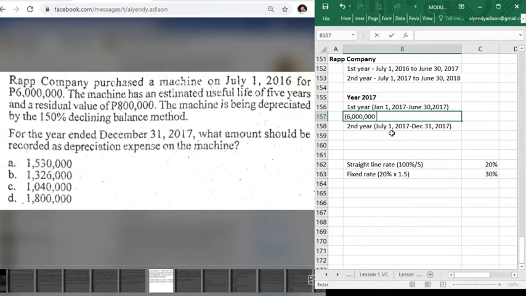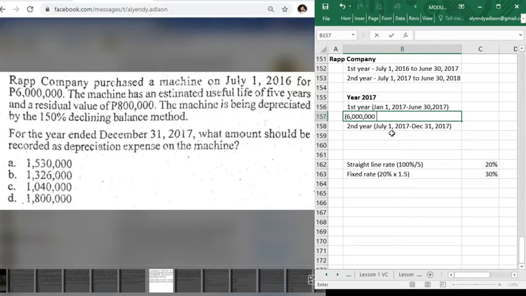Because after ma-end na nato ang 5 years, dapat ang result ana would be 800,000. So, since the residual value is 800, after ma-depreciate na nato ang atong asset, dapat naa pa siya balance nga 800,000. That's why dili nato i-deduct ang 800,000 for the purpose of computation.